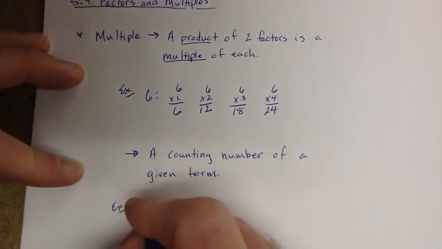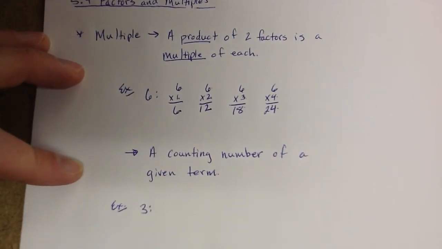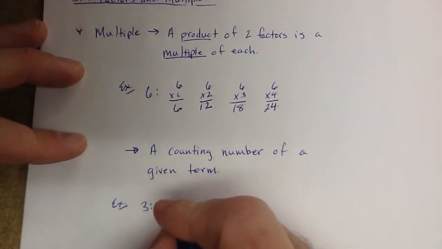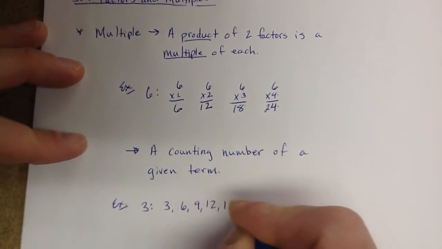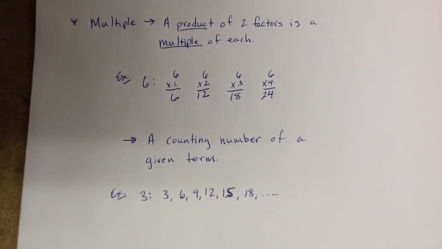If I had the term 3, and I were to think, well, what are my counting numbers for the term 3? Well, that just means count by threes. So 3, 6, 9, 12, 15, 18, and so on. You could go on and on and on.